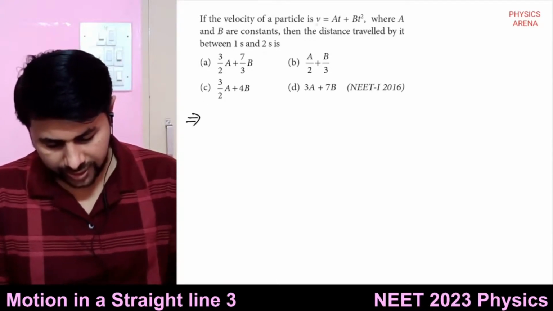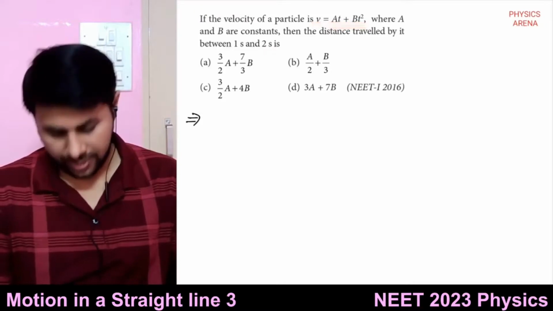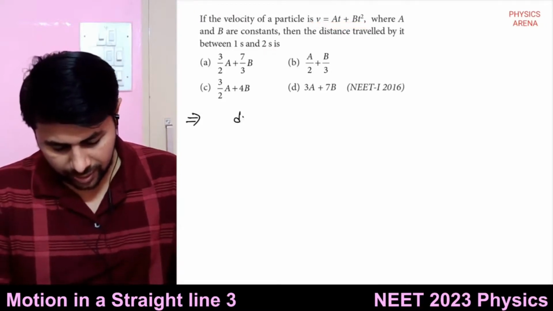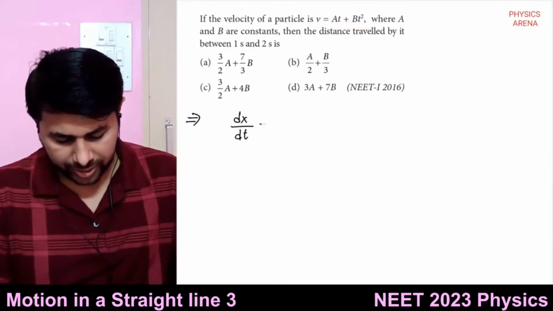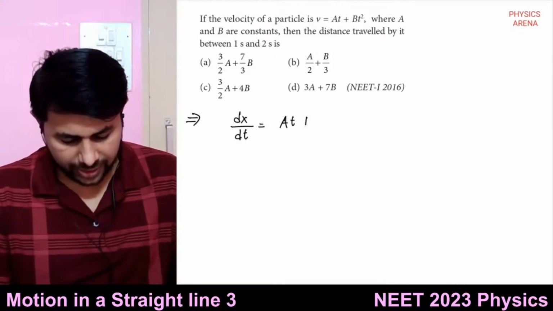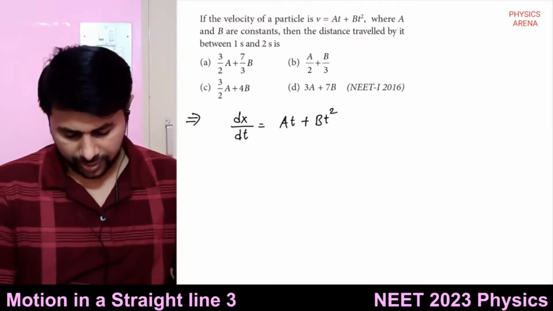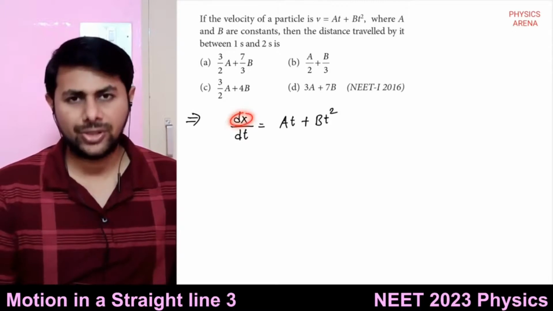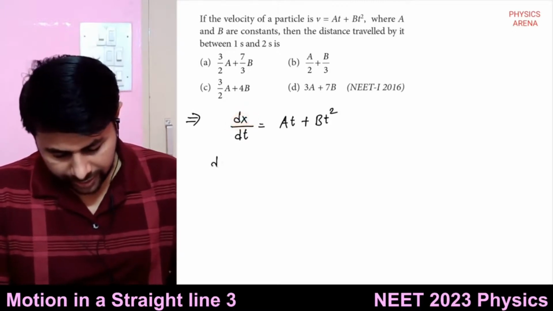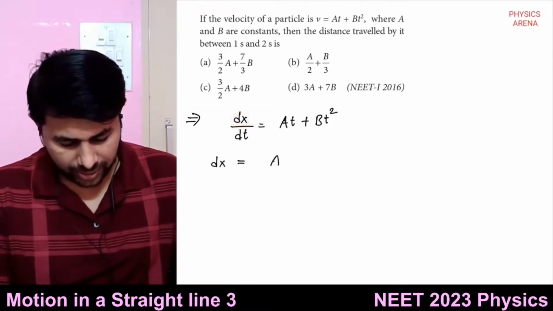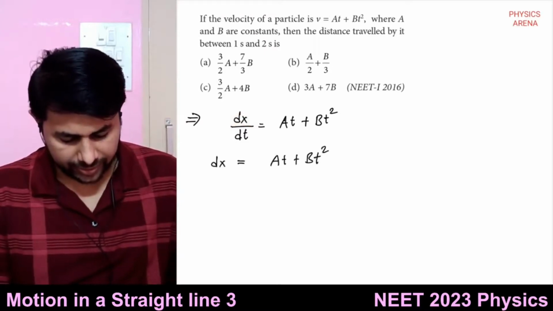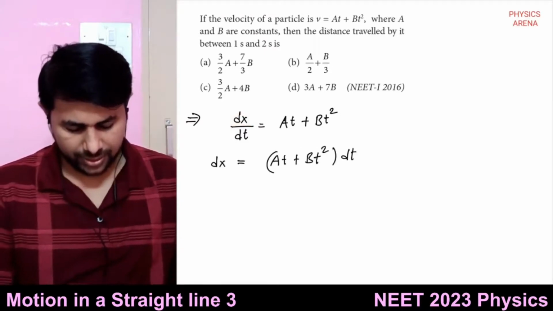Velocity is at plus bt square, so the derivative of position with respect to time is at plus bt square, and we can write it in differential form: dx is equal to at plus bt square dt.